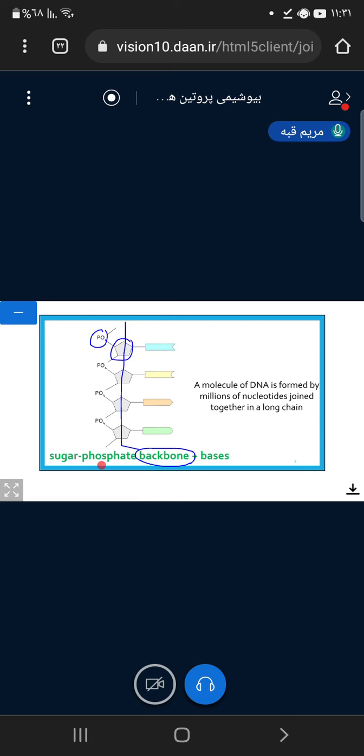The backbone is composed of phosphate and sugar. بکبون به اون خطی میگن که فسفات قند رو در بر میگیره. بازها همیشه عمود بر بکبون هستن. The bases are perpendicular to the backbone.